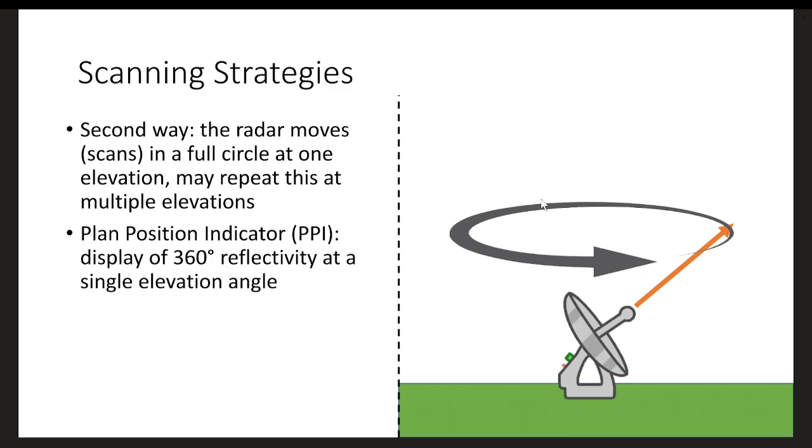So what it will do is it will scan the lower levels multiple times instead of just immediately going up the atmosphere like normal. And it will wait for certain thresholds to be met before it leaves this mode. So it's able to really hone in on the lower levels where tornadoes might be forming and not waste any time going up the atmosphere.